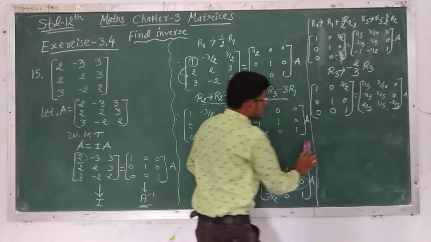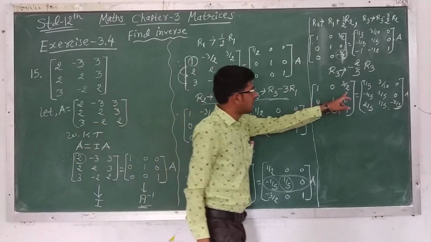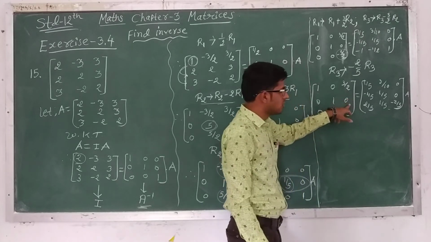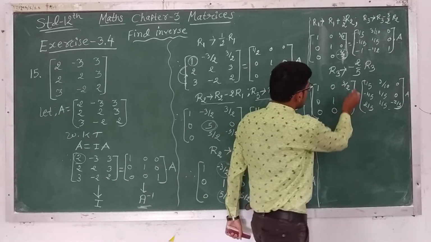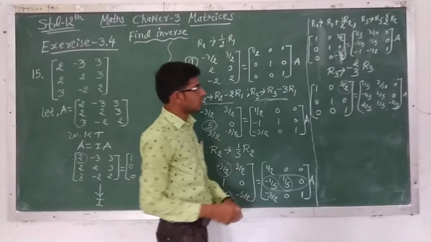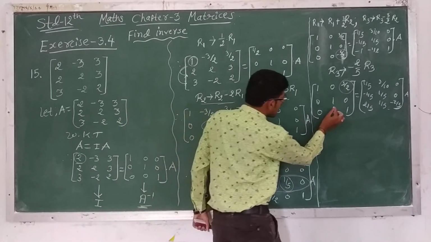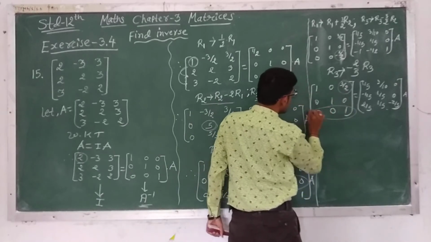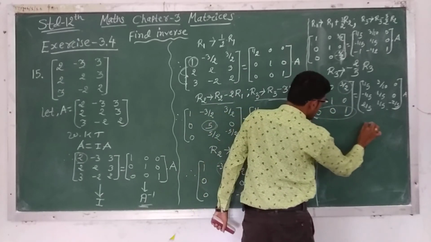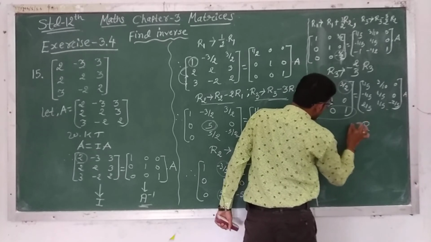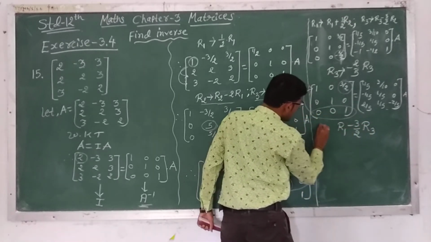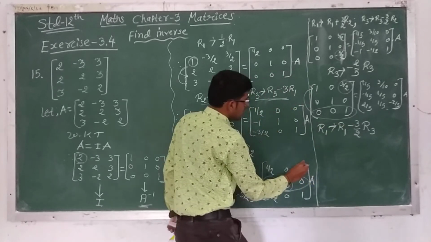Okay. Lastly, what is our next goal? We have to make the a13 element and the a23 element 0. So to make the a13 element 0, we have to multiply the third row by minus 3 by 2 and add to the first row. So multiply by minus 3 by 2 in R3 and add to R1.